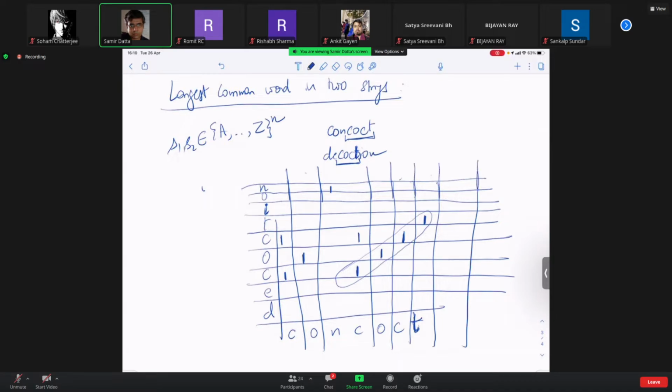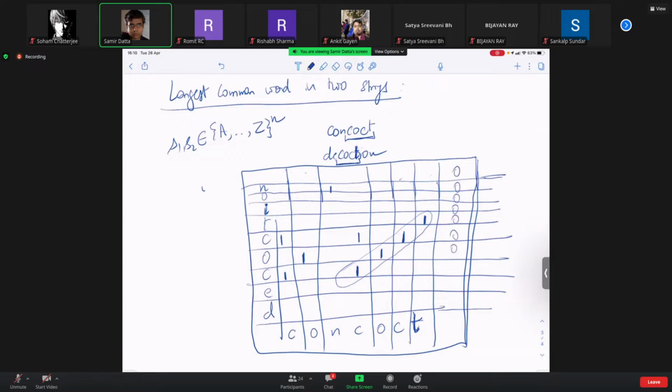So everything which is blank is, so this till here. I will leave one extra space. These are all zeros. And everything else that is blank is also zeros, correct?